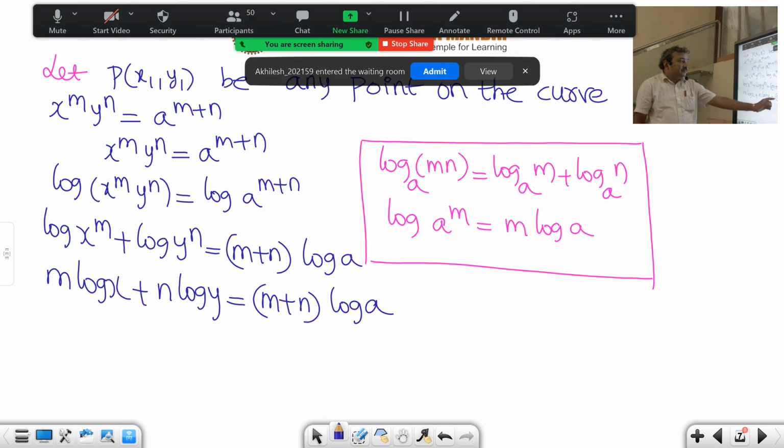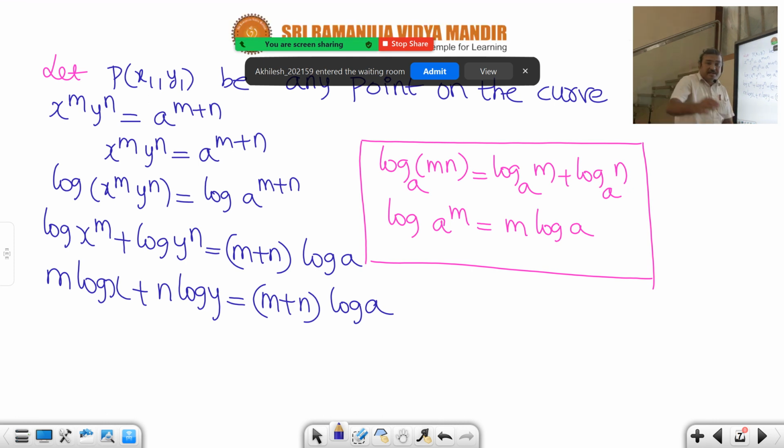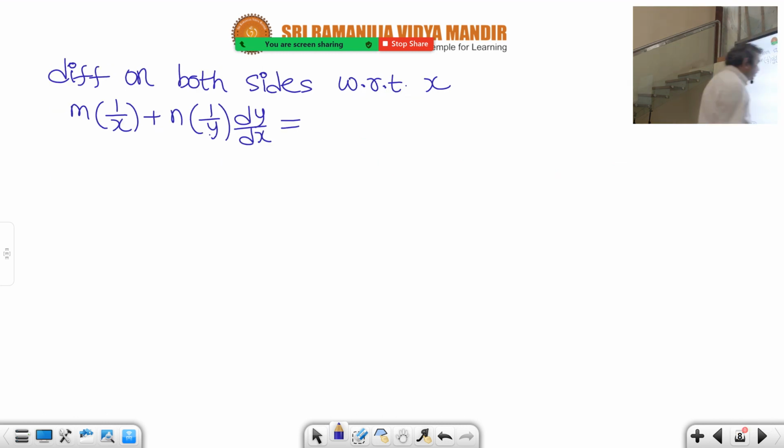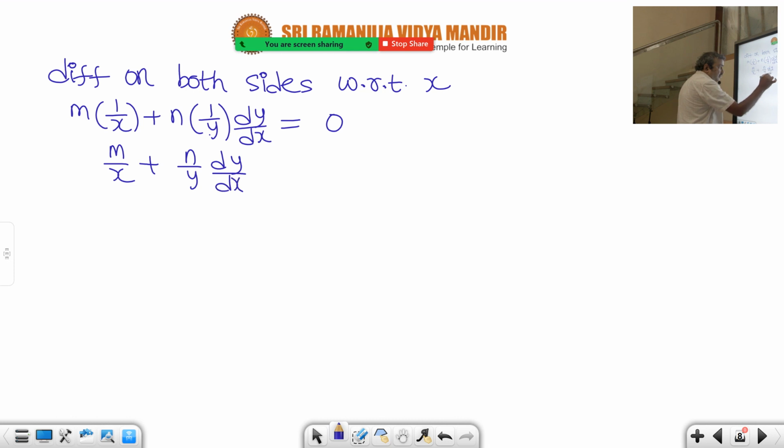Once again, see, m plus n into log a. That entire thing is constant. Derivative of constant is 0. So from this it is 0. Now look here, it is m by x plus n by y into dy by dx.